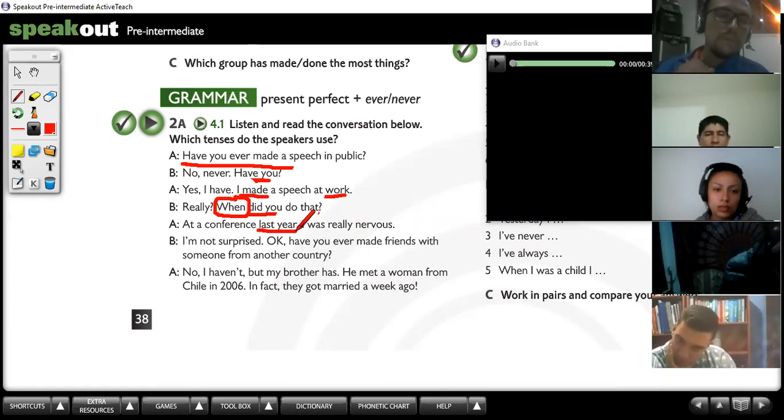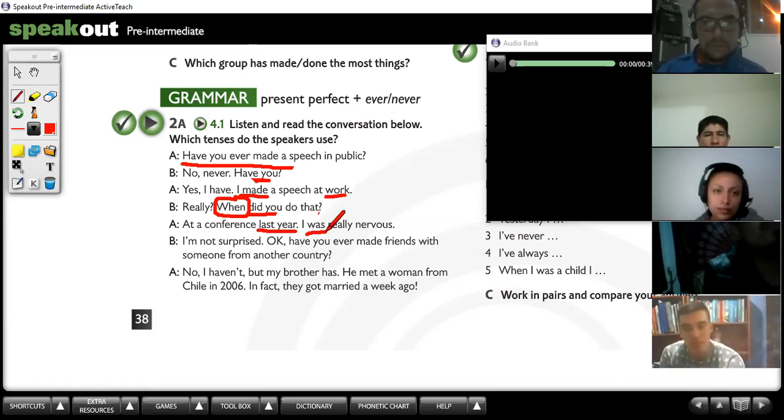"At a conference last year, I was really nervous." She's describing, or he, I don't remember, the specific time and how she felt at that specific moment, okay? Then the other person asks, "Have you ever made friends with someone from another country?" Present perfect or past simple?